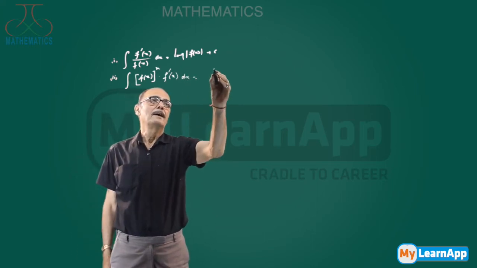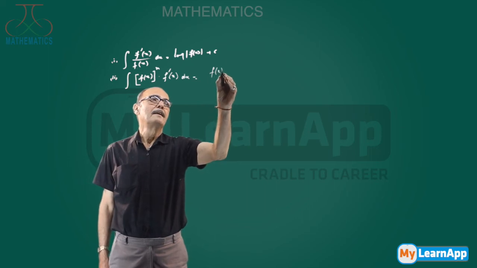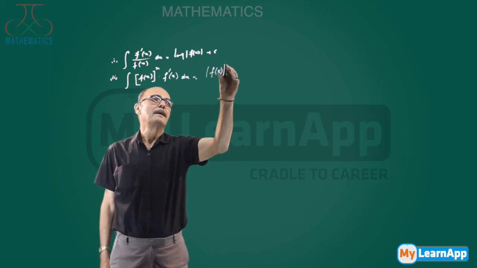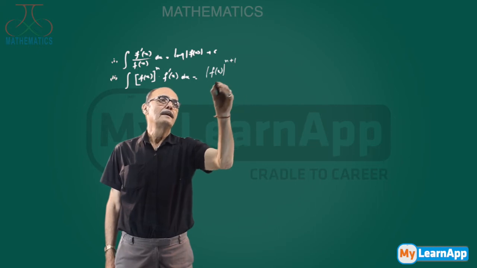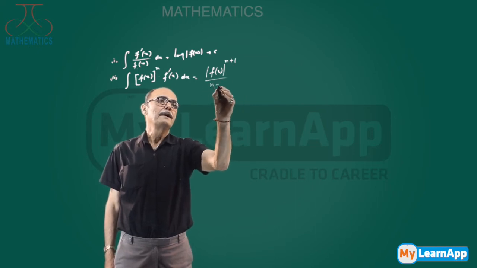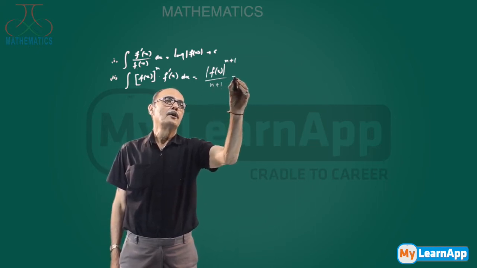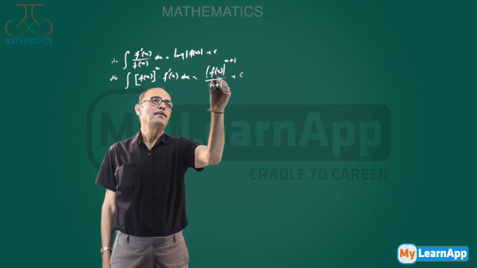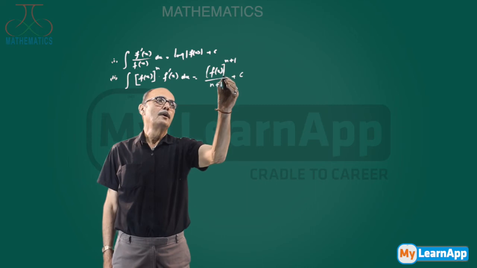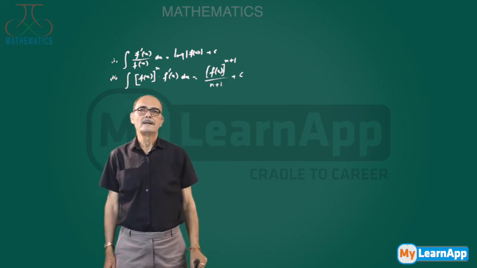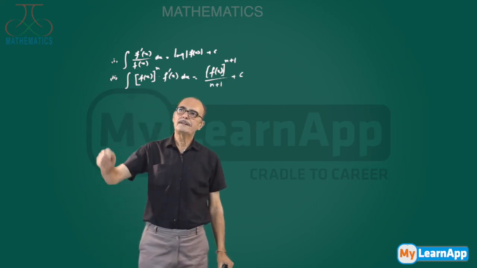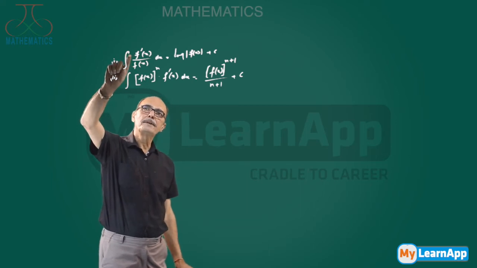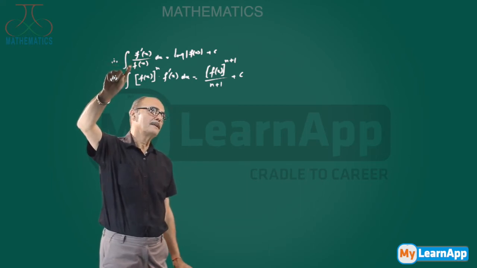So, this is f of x raised to power n plus 1 divided by n plus 1 plus constant c. And if you compare both these formulas, we observe that f dash x is in the numerator here and f x is denominator.